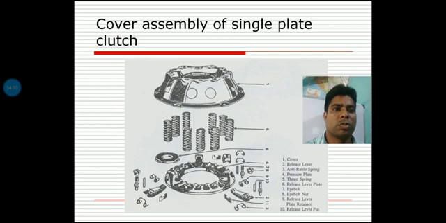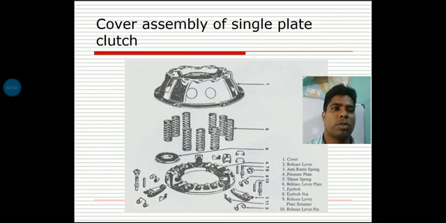Now point number six is the release lever plate. The release lever plate is the lowermost portion of the total single plate clutch design, and it carries the total load of the clutch weight also, so it needs high strength and high toughness.